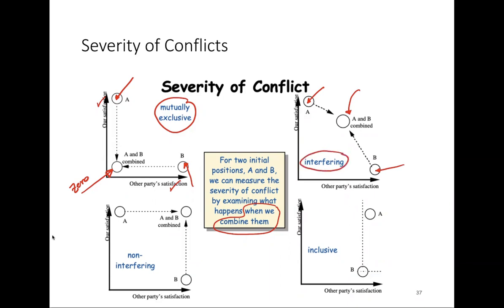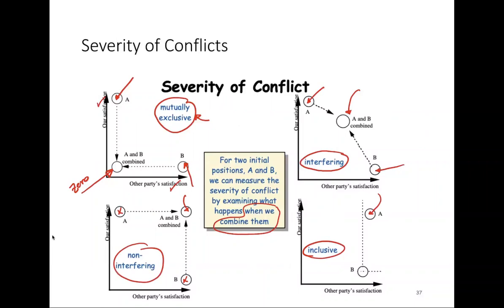So our severity of the conflict is interfering. So it could be mutual exclusion, or it could be just an interfering conflict. If this is my satisfaction, this is B satisfaction, and we reach up to the highest level of satisfaction between A and B, we say it's non-interfering. And as a matter of fact, if the satisfaction of A could be satisfied within the satisfaction of B, we call this inclusive satisfaction.